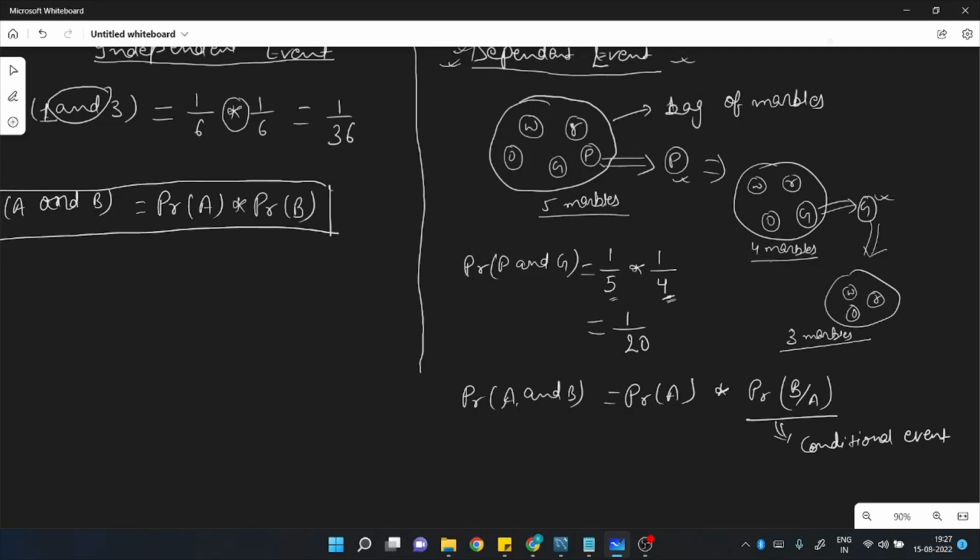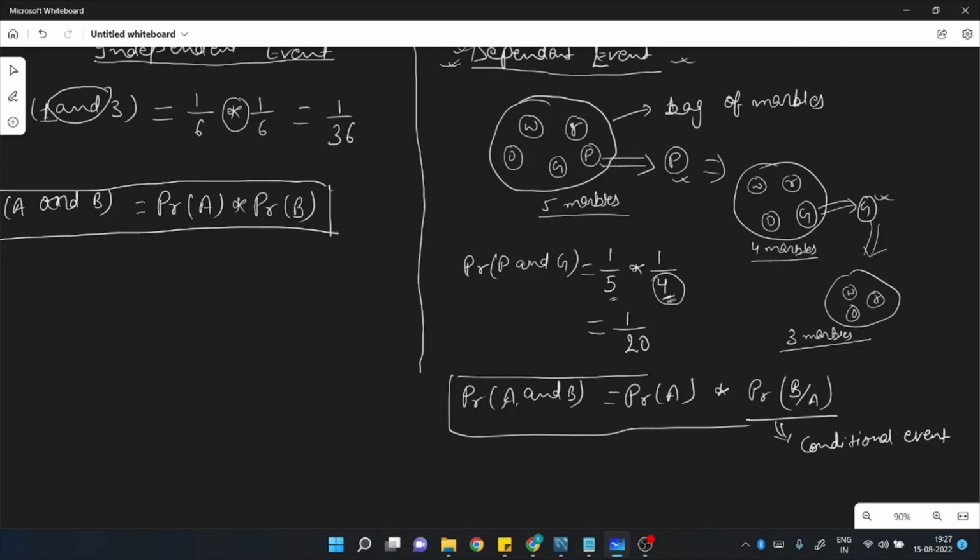Why? Because once we take out one marble, the total number of marbles decreases, and next time we need to take the total possible outcomes as 4. That is why it is called a dependent event, and this is the formula for it.